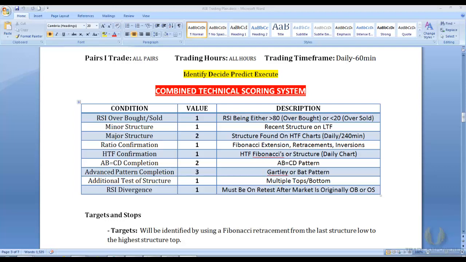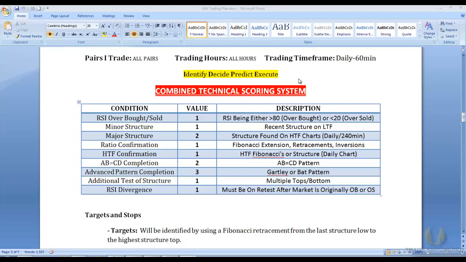But the first condition I look for in my combined technical score is the RSI overbought. Is the RSI overbought, meaning it's greater than 80? Is the RSI oversold, meaning that it's under 20? If so, I assign myself 1 point. Next, I look for minor structure.